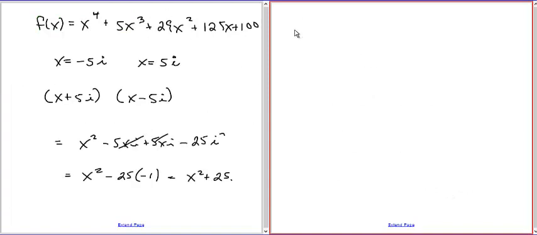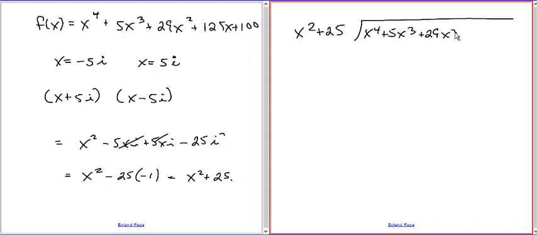And then I'm going to use long division to find out what quadratic I've got left over after I do the division. And again, I did these problems, so I know what the answers are. Okay, so what number do I need to multiply x squared by to get x to the fourth? That's x squared, same answer as last time.